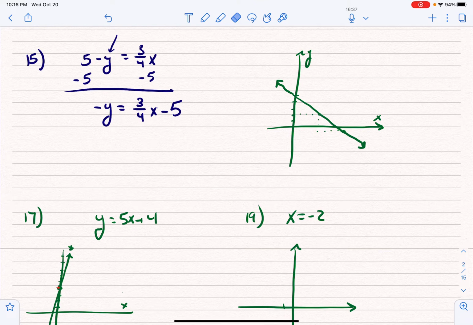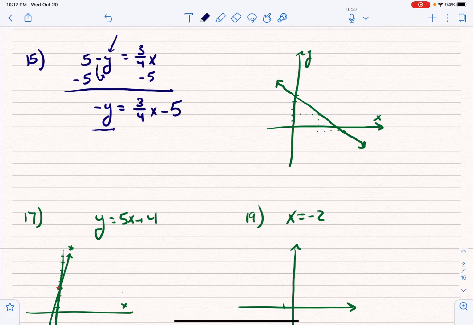And when I do that, the other mistake that people make is they don't keep that negative sign with the y. If I subtract 5 from both sides, see, this negative sign is connected to that y. And so that comes down right here, and I've got negative y is equal to 3/4 x minus 5. But now I have to get rid of that negative y.